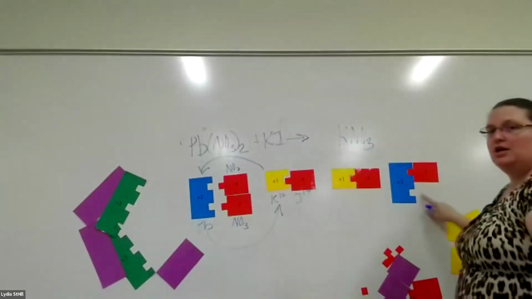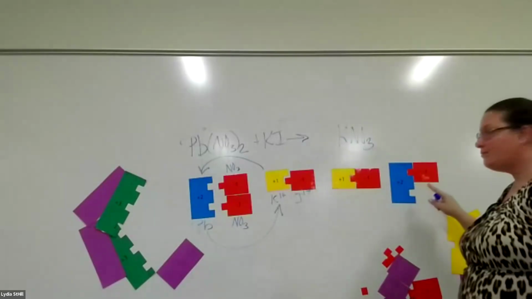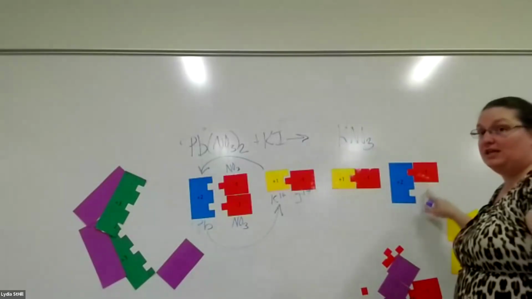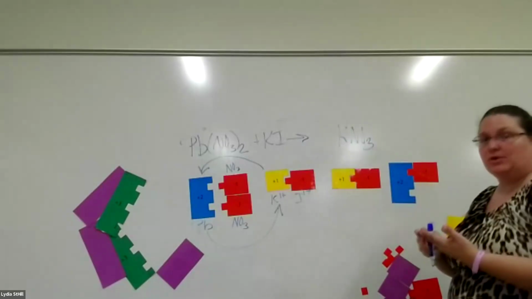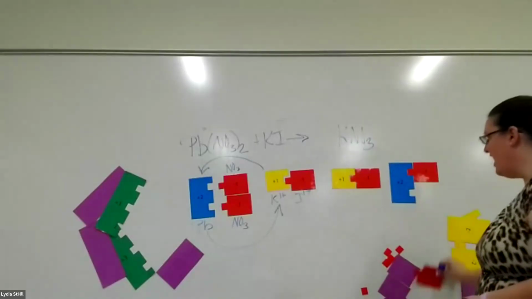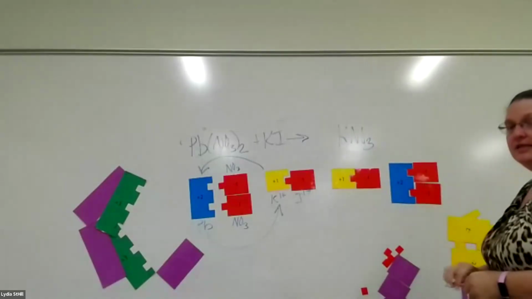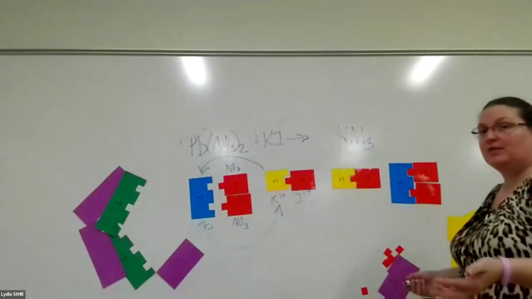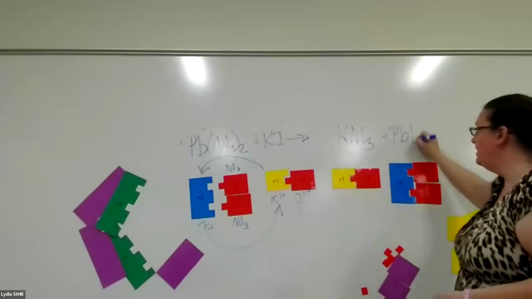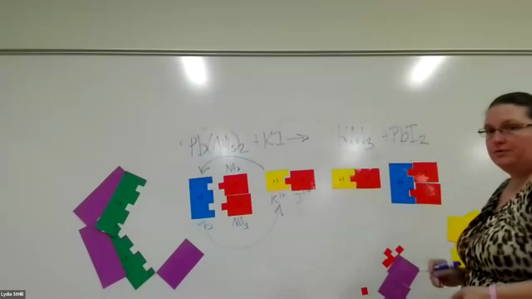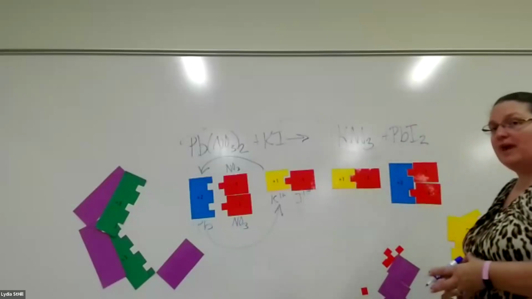I can't continue writing this formula like this because I need a second one to satisfy the principles, but we have to have that 0 charge. So that means I have to add another iodine. So in order for me to write this formula with the balanced charges, I'm going to have to write PbI2. Okay, so this is where we're at.